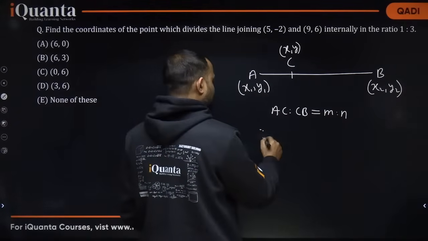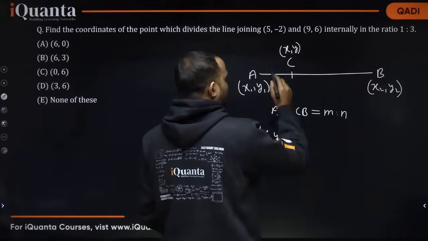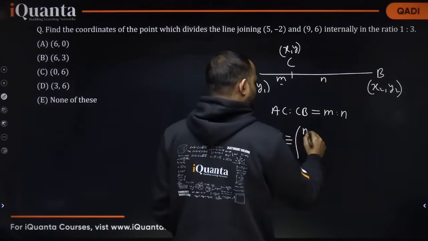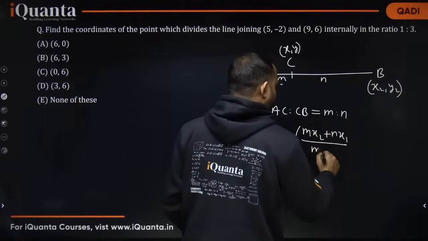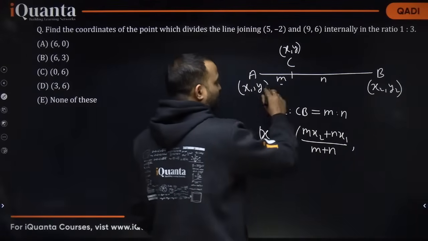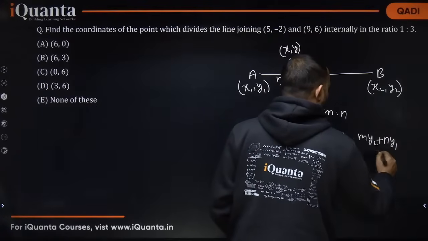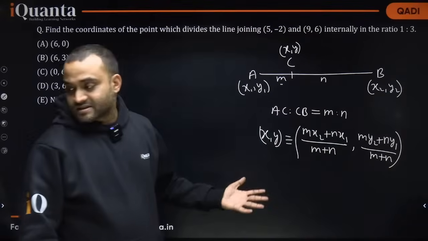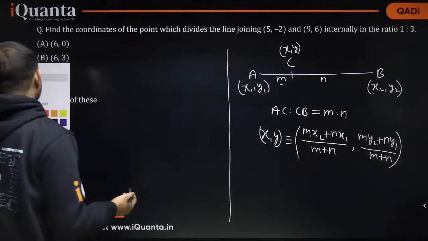In that case, x, y will be equal to M into x2 plus N into x1 divided by M plus N. This is the x coordinate, and the y coordinate will be M into y2 plus N into y1 divided by M plus N. This is the internal division concept, and that is what we are going to use here.